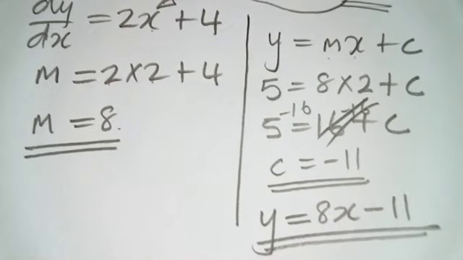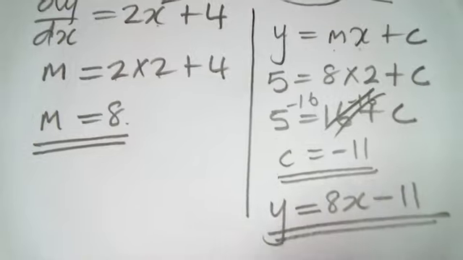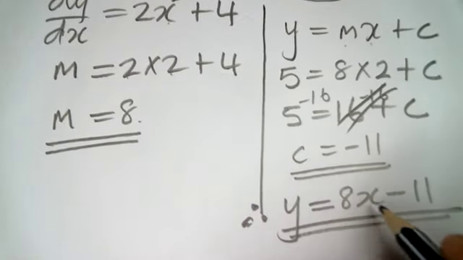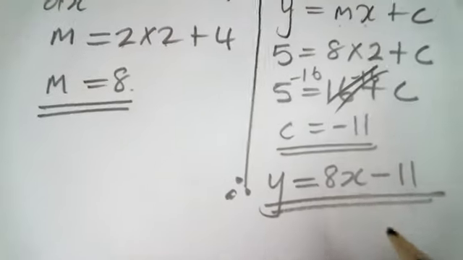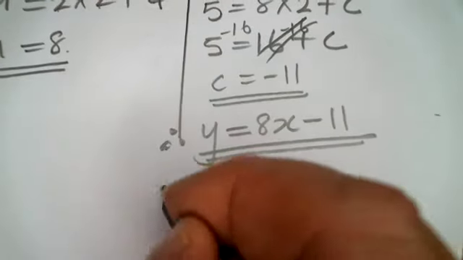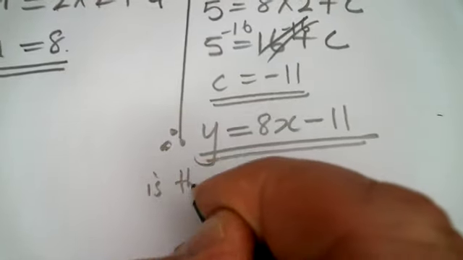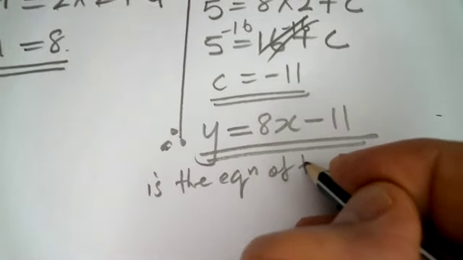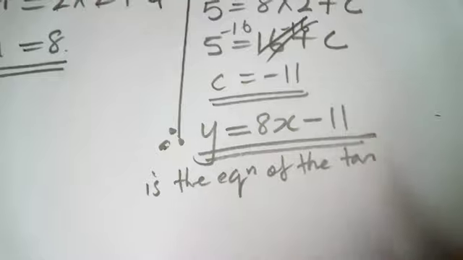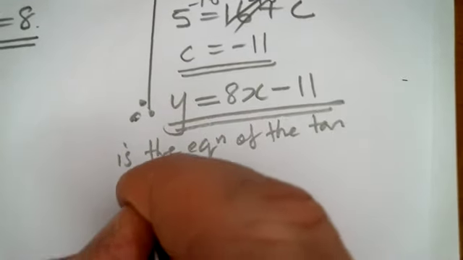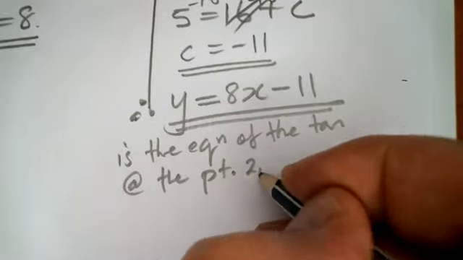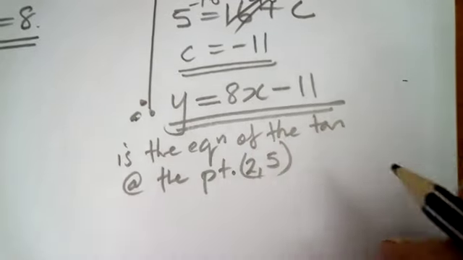Now, the really important thing to be able to do here is to be able to state, therefore, we should say, y equals 8x minus 11 is the equation of the tangent, I'm abbreviating here, at the point 2, 5.